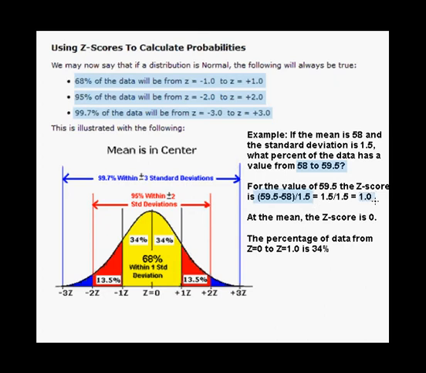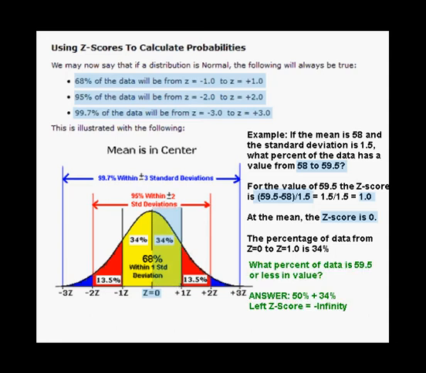That's our right z-score. Now, at the mean, the z-score is z equals 0, because 58 minus 58 is 0 divided by 1.5. So we have a left z-score of 0. The percentage of data from z equals 0 to z equal plus 1 is 34%, and that's our answer.